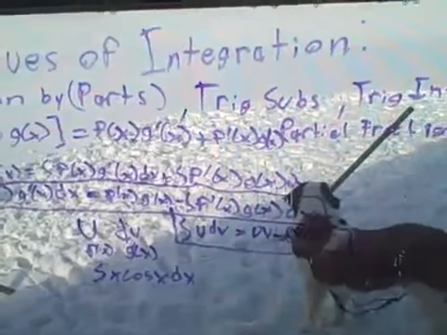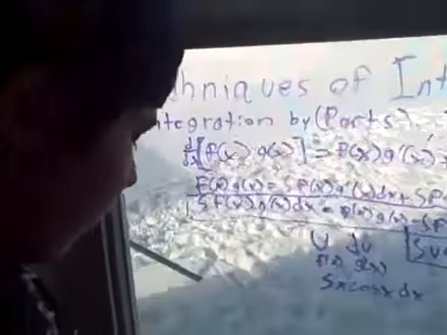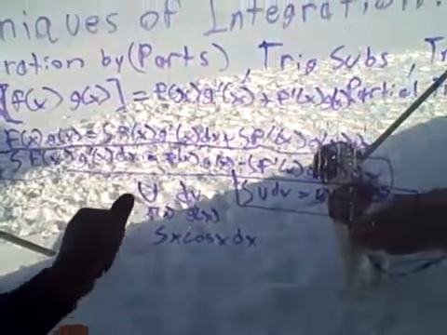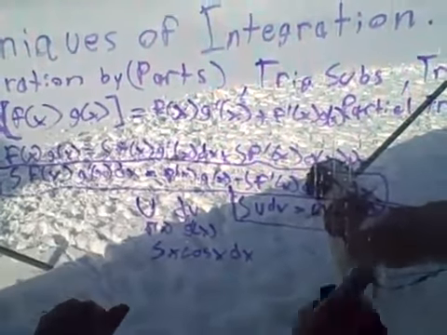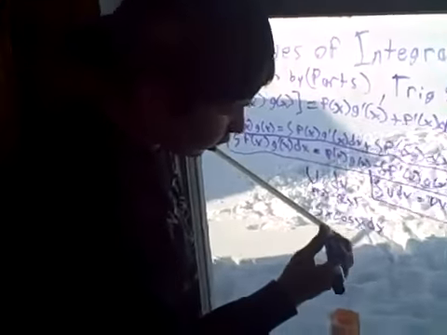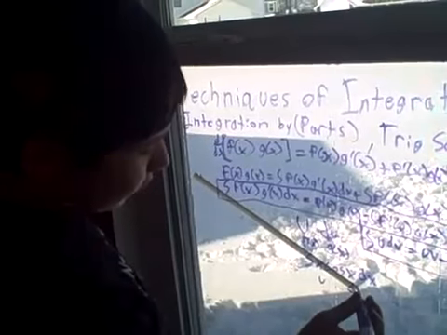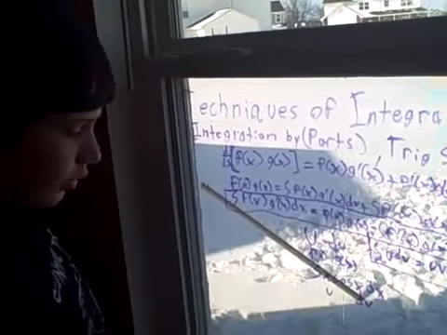Now this is fairly straightforward. We try to find a u and a dv such that this integral becomes simpler. So if I have u here, then I end up with a du in this integral. So I can make this du be 1 if I make x u. So I'm going to call x u, and then cosine x dx equals dv.